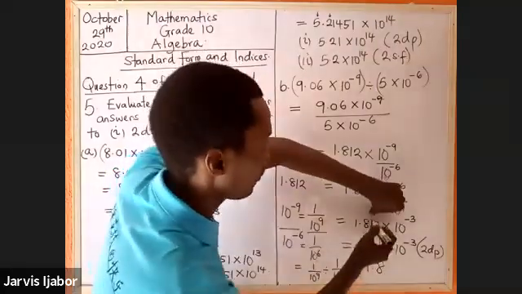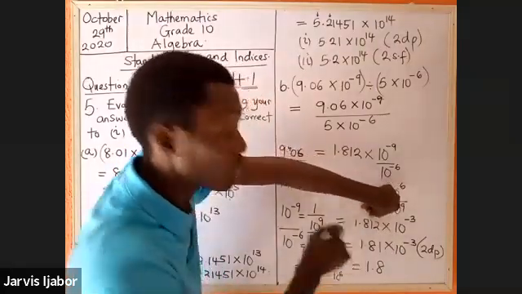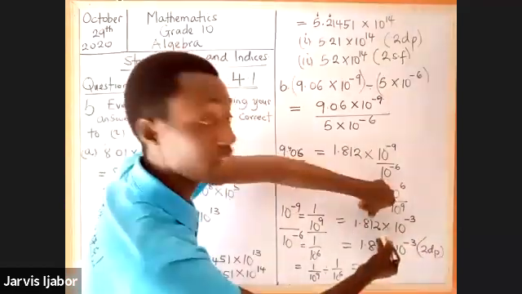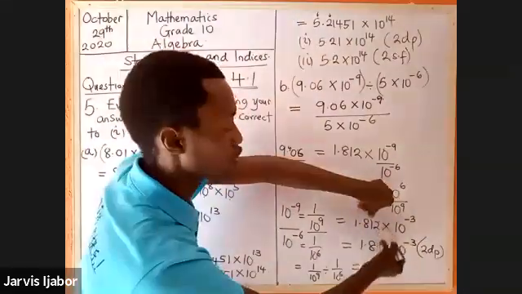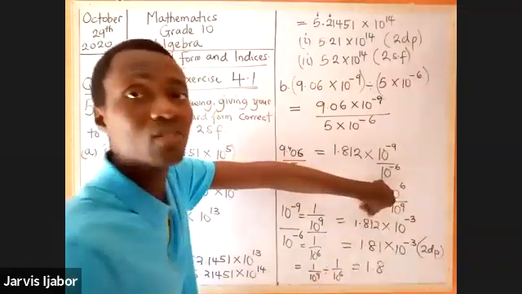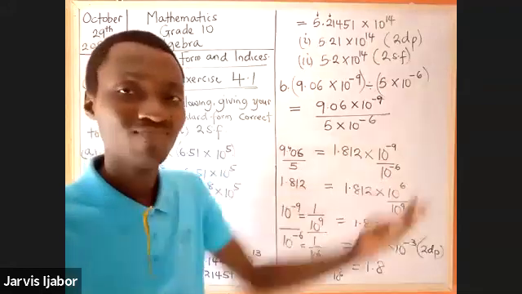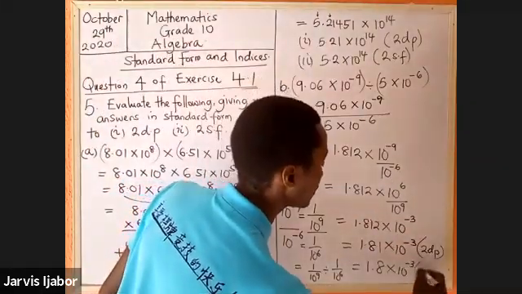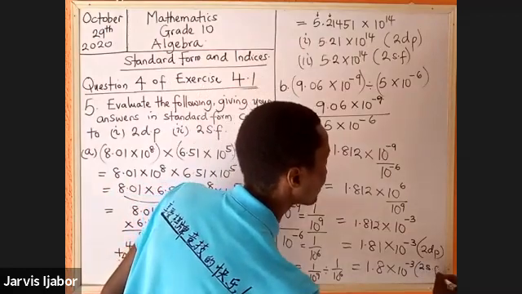We check the digit of interest and the digit causing the approximation. You will discover that it's just 1 in this setup. Now, 1 is not up to 5, so it's not relevant to us. So that will be 1.8 times 10 raised to the power of -3 to 2 significant figures.